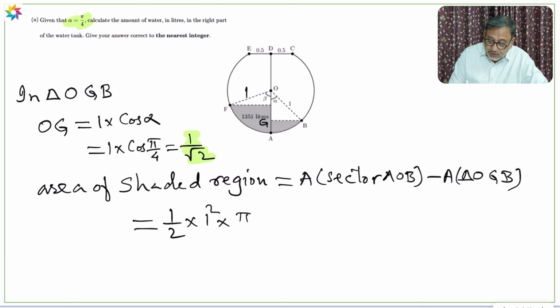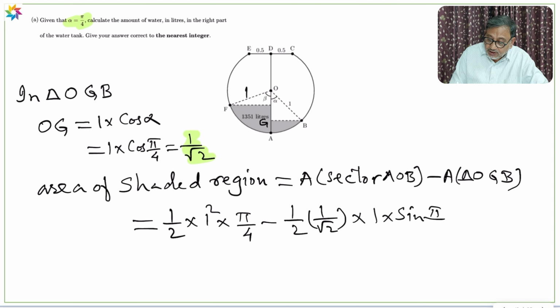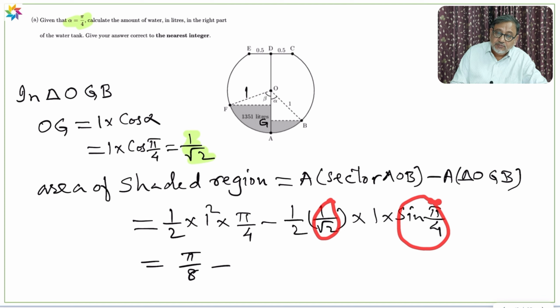Theta is already given, pi by 4, minus half AB sin C. So OG we already have, 1 by root 2, into 1 into sine of the angle pi by 4. Okay. So pi by 8 minus, sine pi by 4 is also 1 by root 2. So 1 by root 2 into 1 by root 2, it will be 1 by 2. Look here, this is 1 by root 2, this is also 1 by root 2. So 1 by 2, 1 by 2 and 1 by 2. So it will be 1 by 8, right?